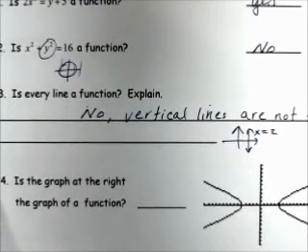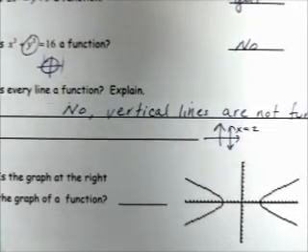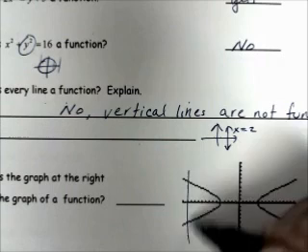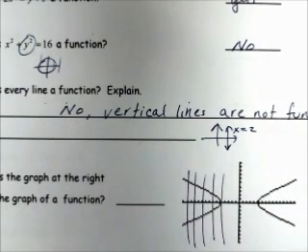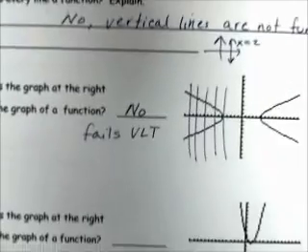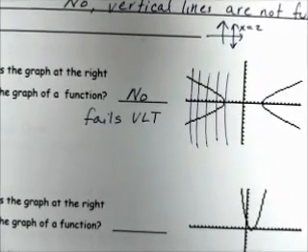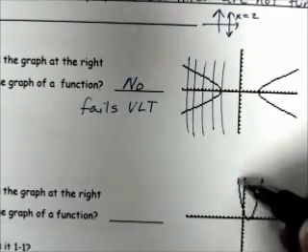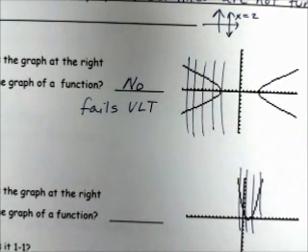Number 4, is the graph at the right the graph of a function? Does it pass the vertical line test? No. Fails the vertical line test. Number 5, is the graph at the right the graph of a function? Yes.